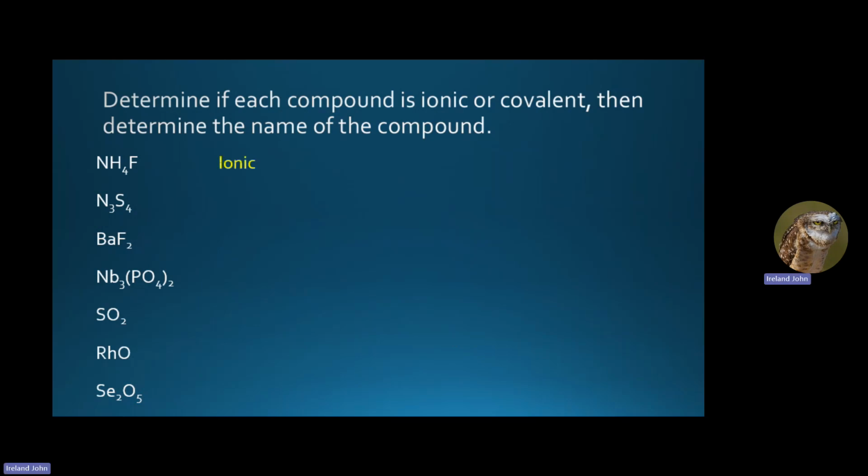So this is ionic, and it has the name ammonium fluoride. Only polyatomic cation we work with is ammonium. But again, even though it's all nonmetals, it still doesn't fit into the covalent paradigm for what we're doing. Because all the covalent compounds we're talking about have only 2 elements in them, not 3.